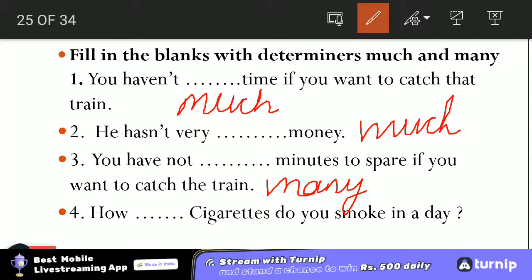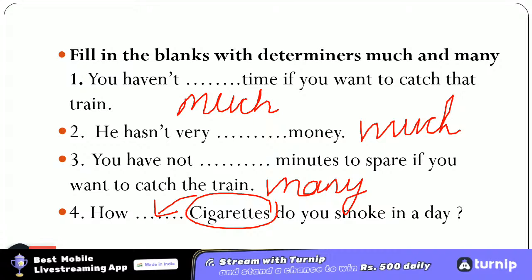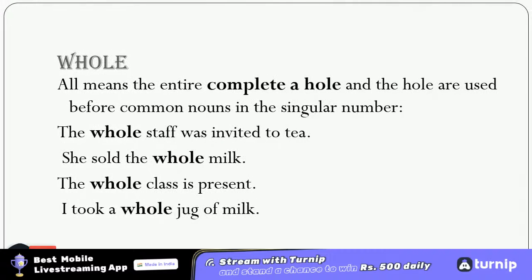Now, how blank cigarettes do you smoke in a day? Cigarettes are again countable. So again, how many cigarettes do you smoke in a day? The answer would be many since it is countable. So with the countables, we have many, and with the uncountables, we have much.